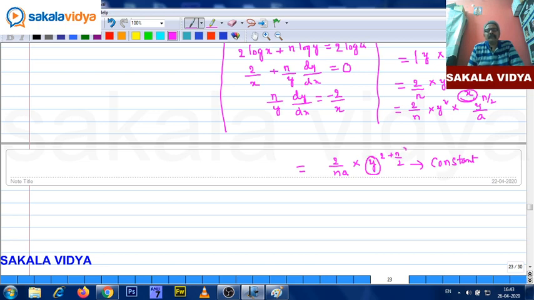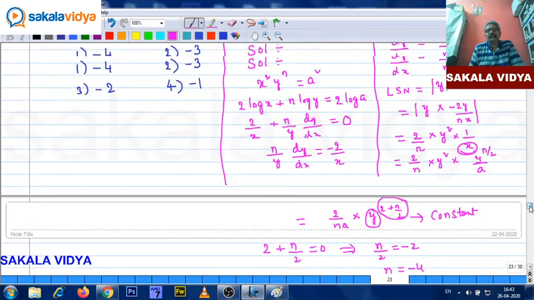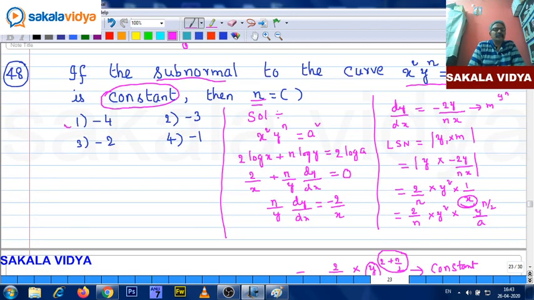It should be independent of y means this power must be 0. That means 2 plus n by 2 equals 0. So, n by 2 equals minus 2, n equals minus 4. This is the answer. So, the first option is the right option.